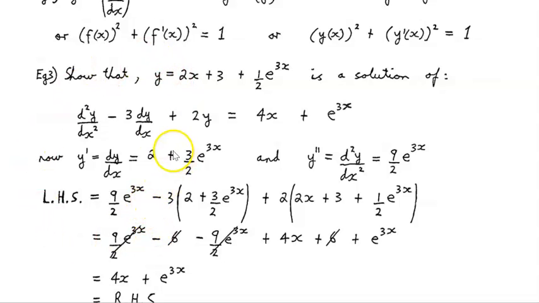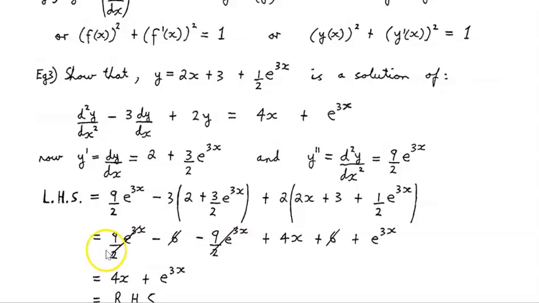The left-hand side gives us d2y/dx squared, which is 9 on 2 e to the 3x, minus 3 times dy/dx, which is 2 plus 3 on 2 e to the 3x, plus 2 times the proposed solution from above. Expand out the parentheses and collect like terms.